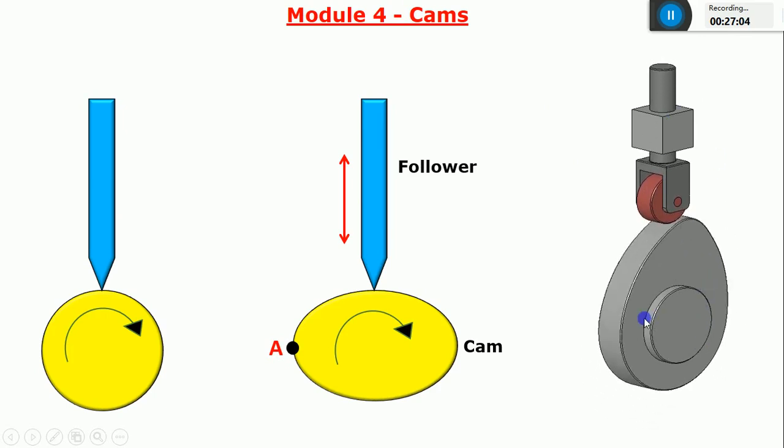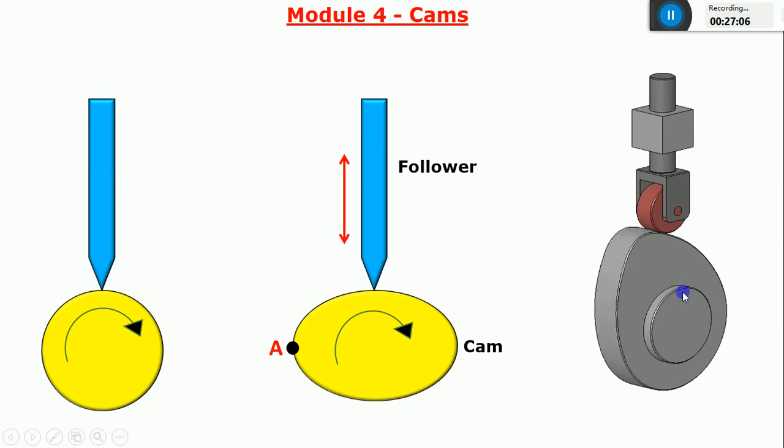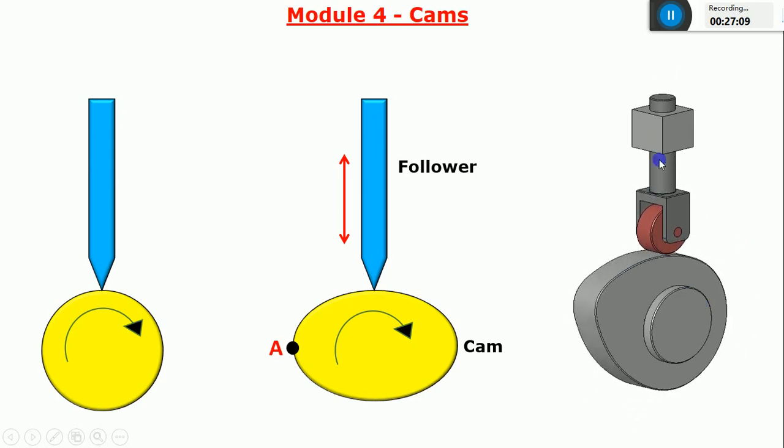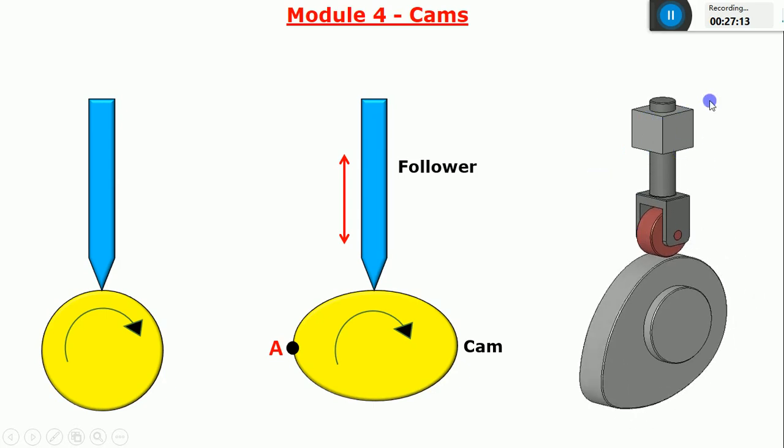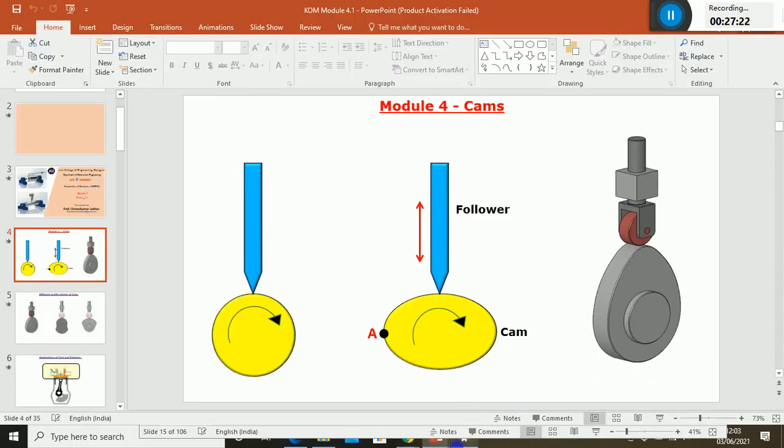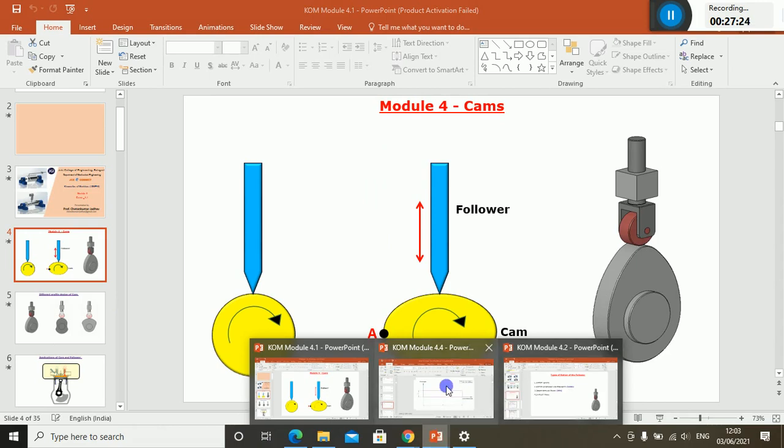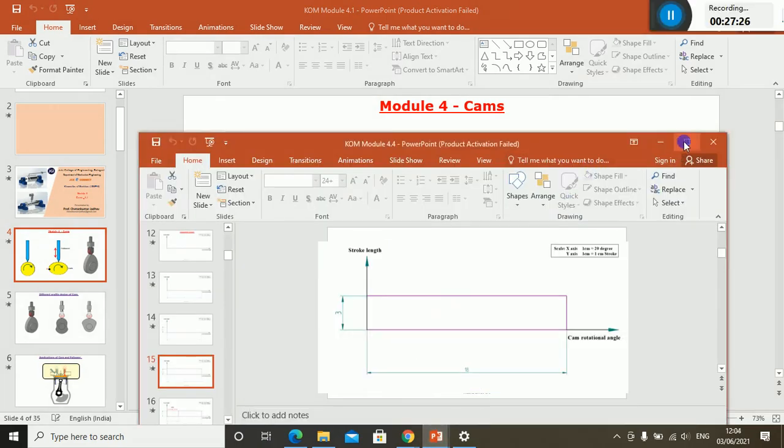For the first 10 degree, what is the distance traveled? For the next 20? You are plotting the distance traveled by the follower against the cam rotation. This was already explained in the previous class. I'll go to this displacement diagram.